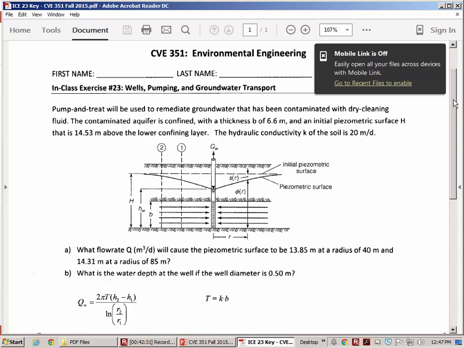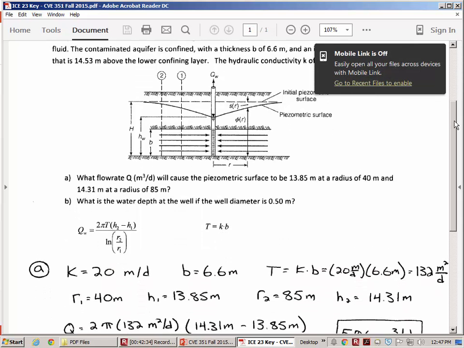Okay, here's the in-class exercise and the solution.